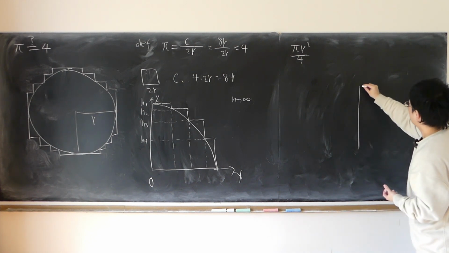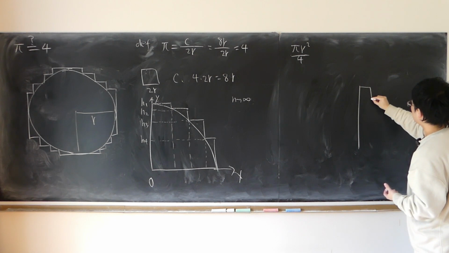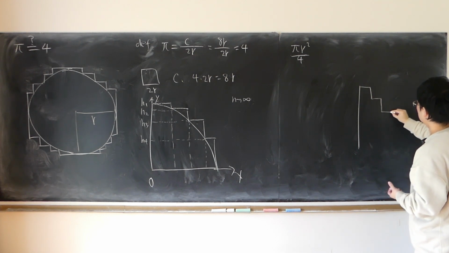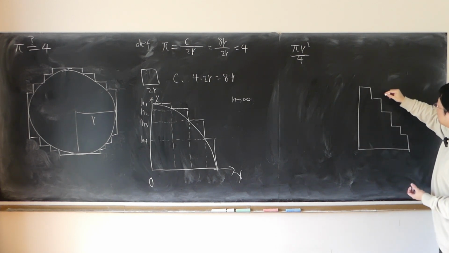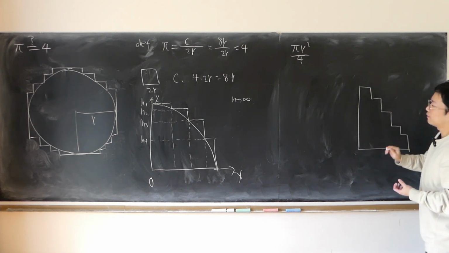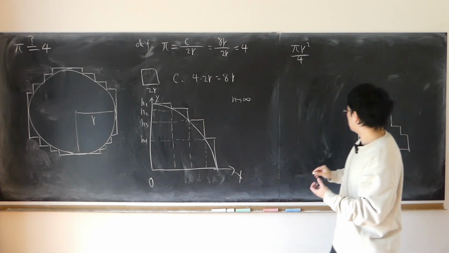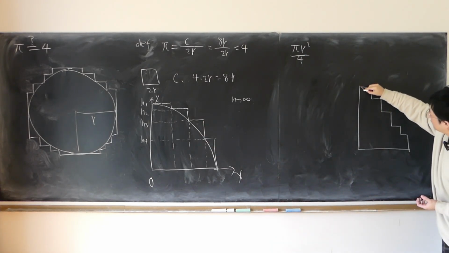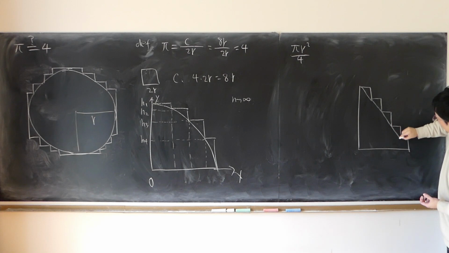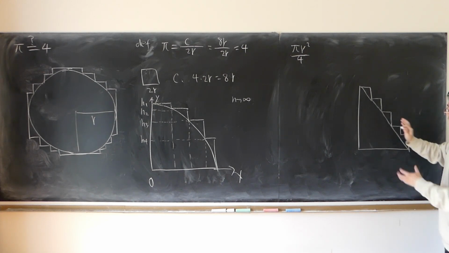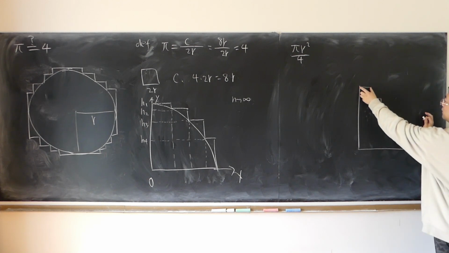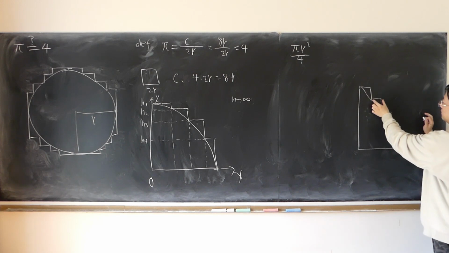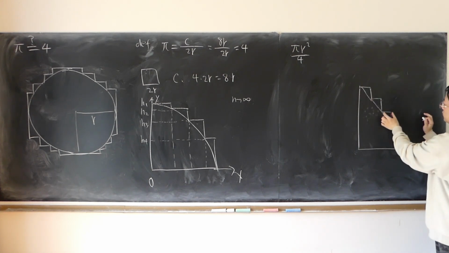Just to clarify. Even though we have this shape, the area is not approaching this triangle. It's because, like I said, we evenly partition the horizontal line segments equal to each other.